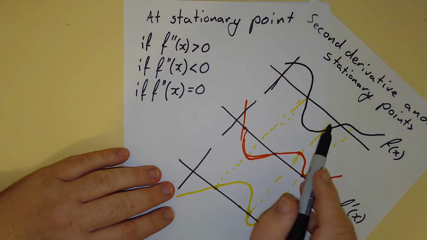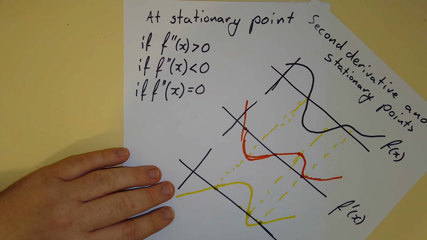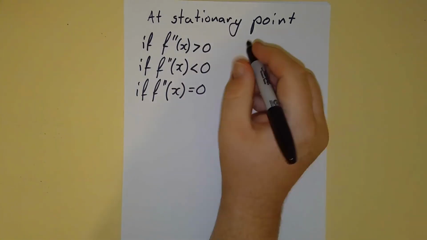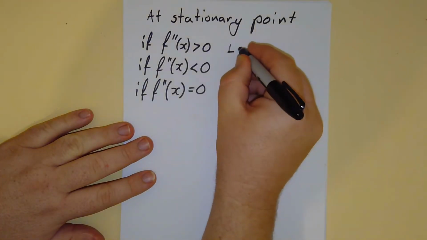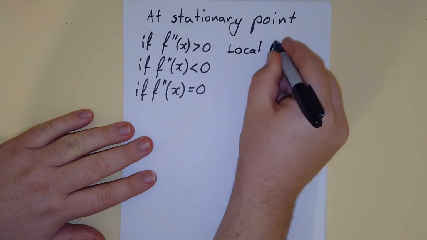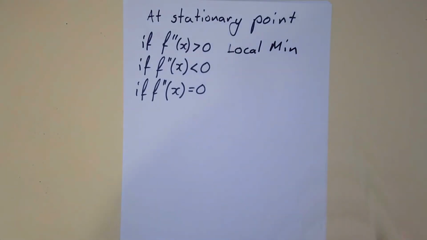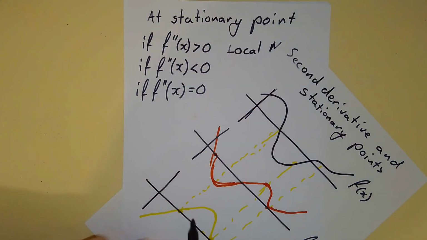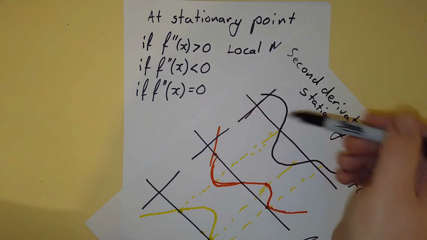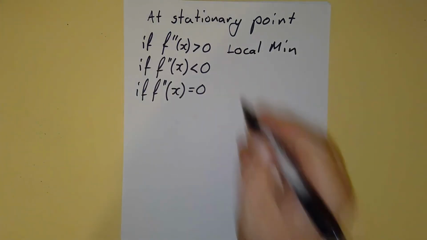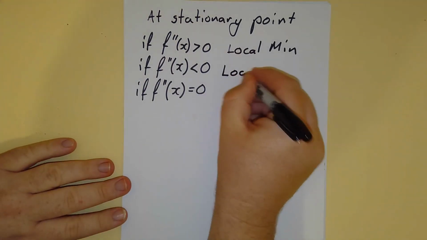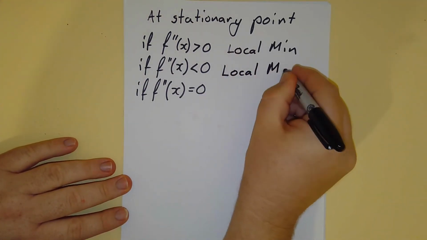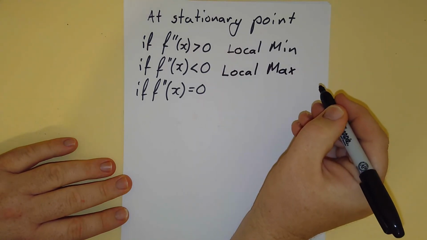That means it's concave up, which means I've got a local minimum. And now, where I've got our second derivative being negative, that means that I'm concave facing downwards, which means I've got a local maximum. Now, that's always going to be the case.